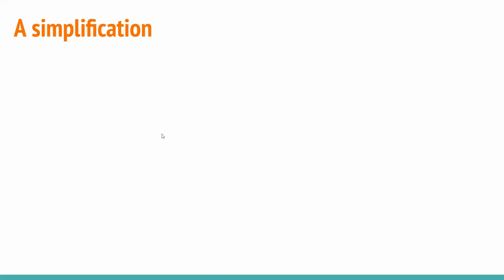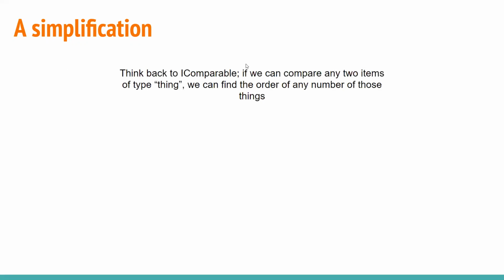Before we jump into sorting, I just want to make a quick simplification. If you think back to the comparable interface that we learned about at the beginning of chapter 2, any 2 items that I have, people, rectangles, dragons, golems, I can compare in some way.